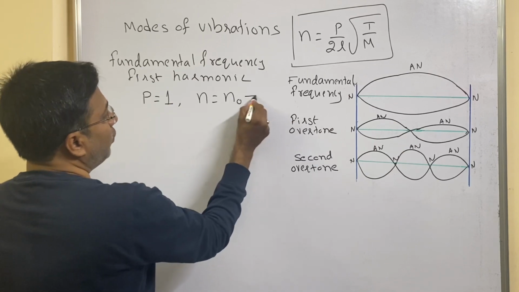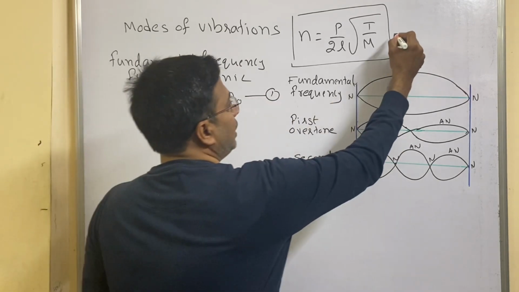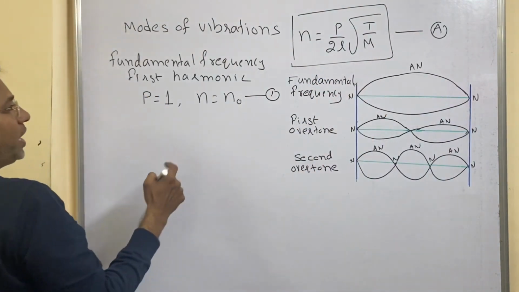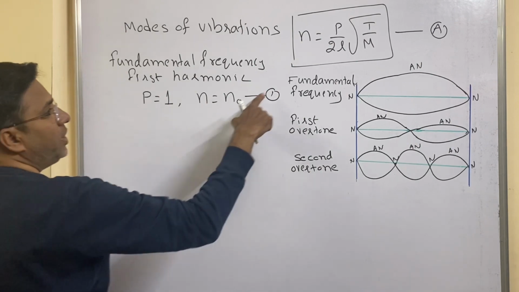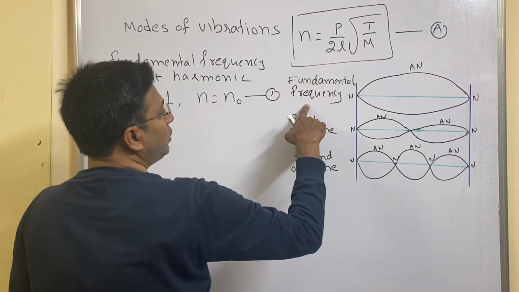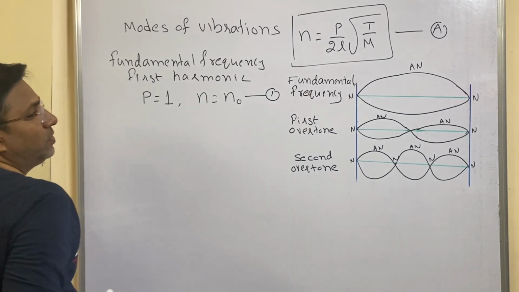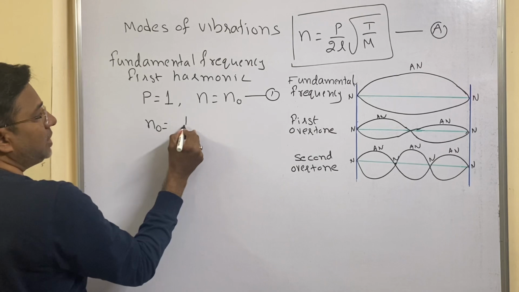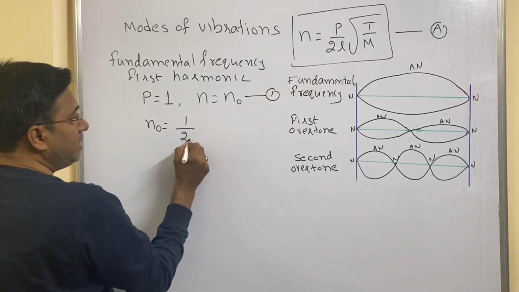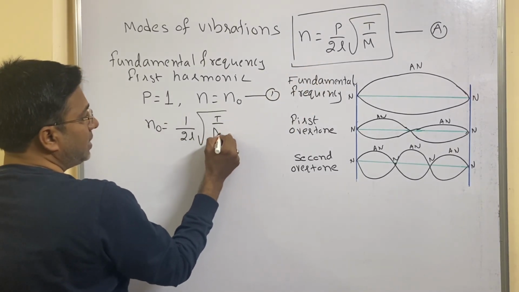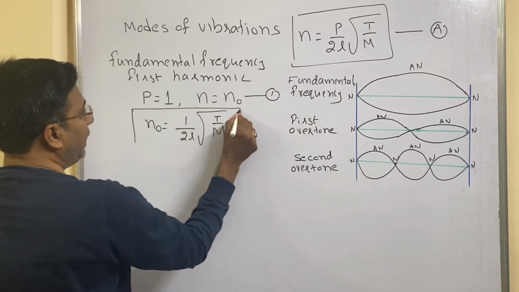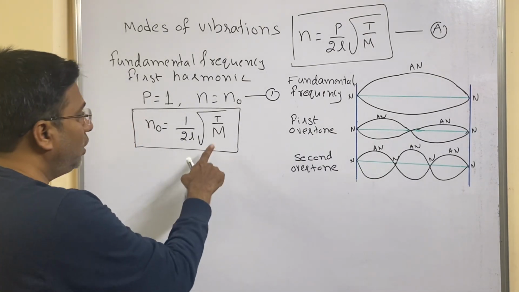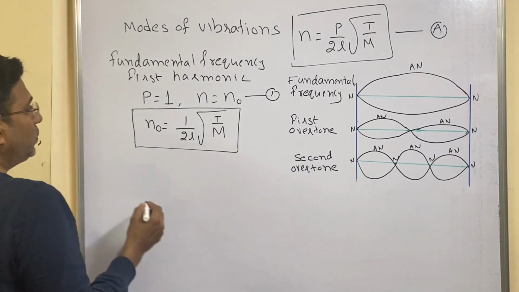Call this equation number 1, and this equation A, for example. So if you put P equal to 1, n equal to n0 in equation A, you will get the equation of frequency for the fundamental frequency. Therefore, in place of n, n0, in place of P, 1, and 2L as it is, under root T by M as it is. That's it. We got the equation of fundamental frequency n0 equal to 1 by 2L under root T by M.